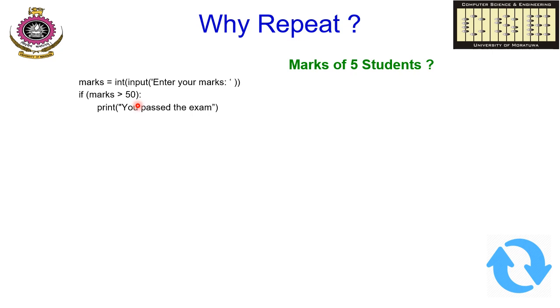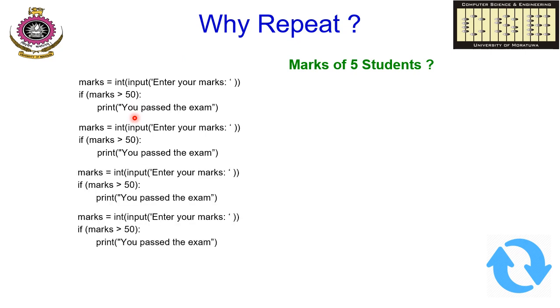If we do not think about anything, we can just copy and paste the same block of code for 5 different students, right? For each instance the code block will be similar and the decision will be made based on the input provided by the user.